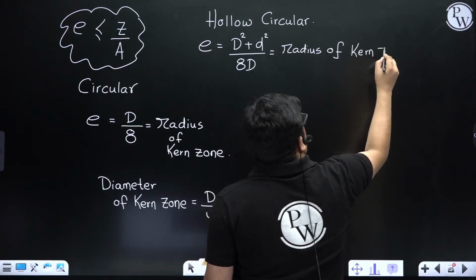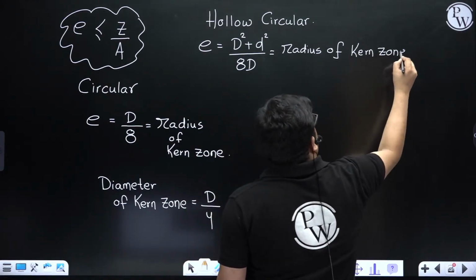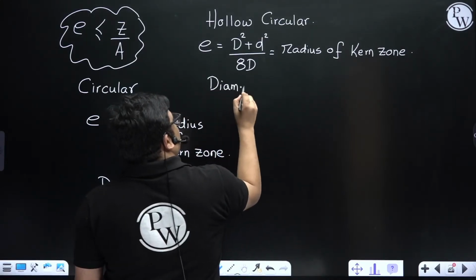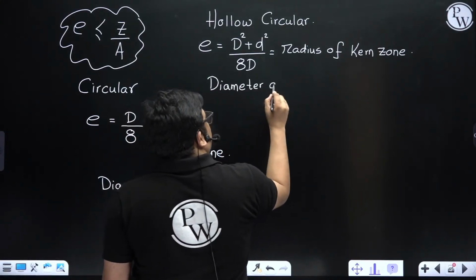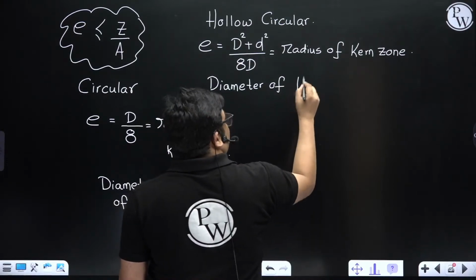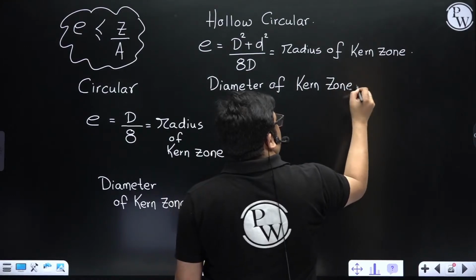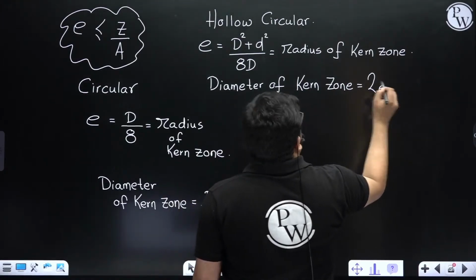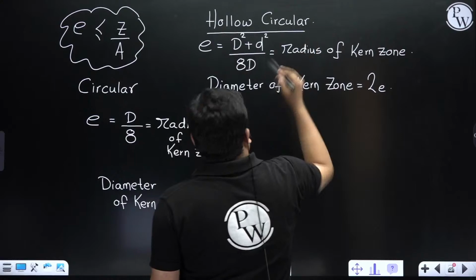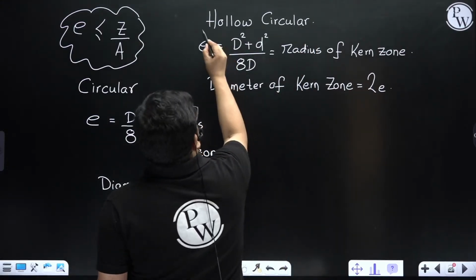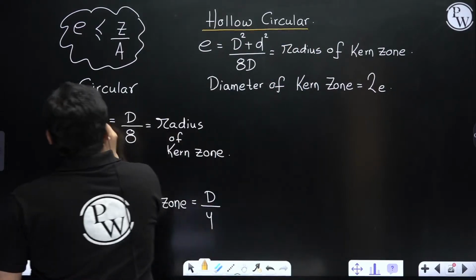That means the kern zone is circular here. The diameter of the kern zone will be just twice the eccentricity. This is for hollow circular, and this is for circular.